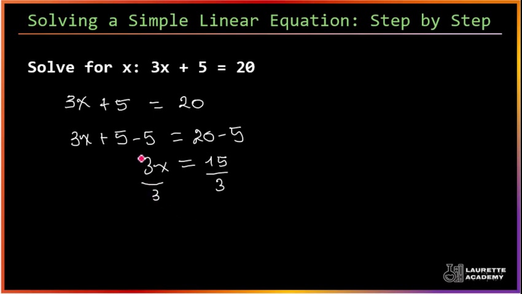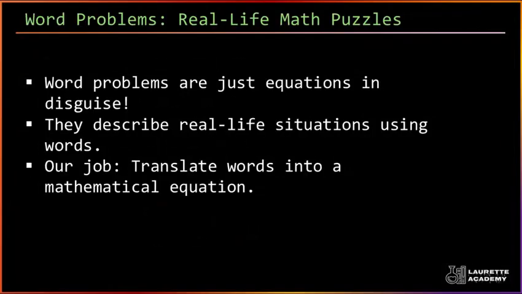So, this 3 in the numerator will cancel this in the denominator. And 3 goes here 1 time and goes here 5 times. And so, we have that x is equal to 5. Simple, right?